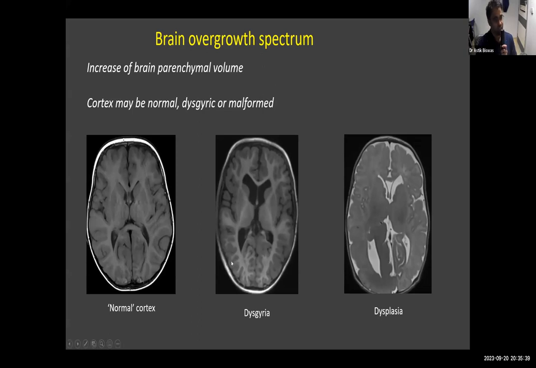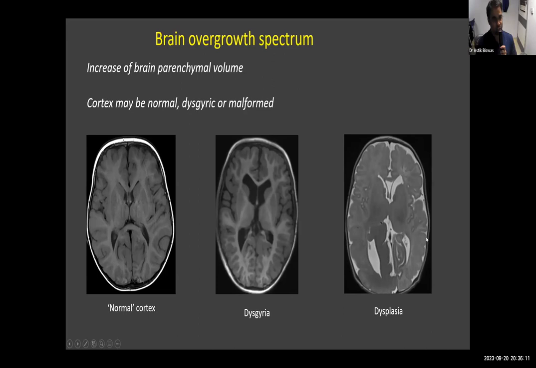In this patient, if you look, this is a relatively new term, dysgyria, that is the sulcal orientation and pattern is a bit different, but the overall cortical thickness is still maintained. So for lack of a better term, it does not fit into cortical dysplasia or polymicrogyria, but it also does not look completely normal. So this term dysgyria is used in these cases. This is a case of Sotos syndrome. And finally, they can be frank.